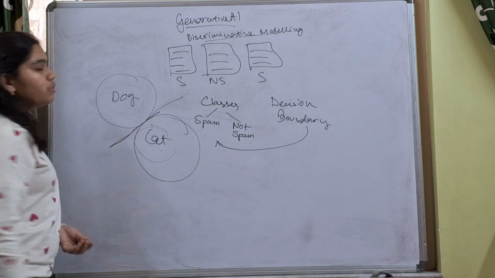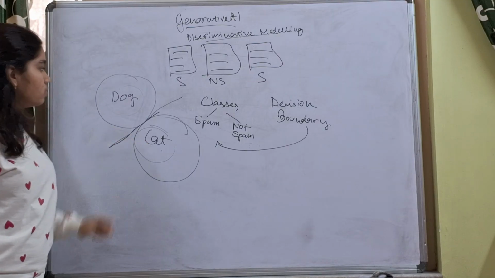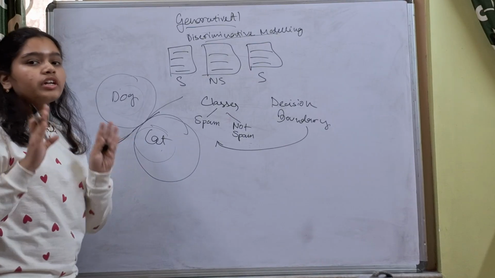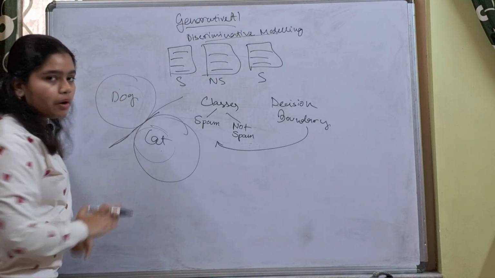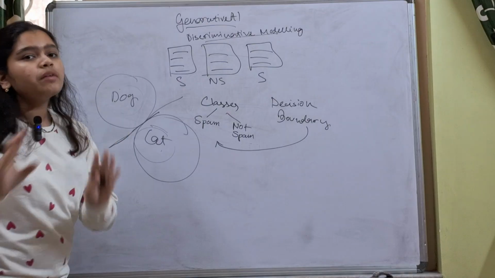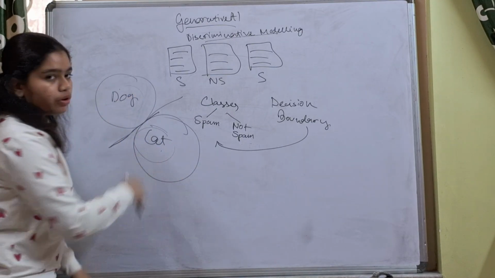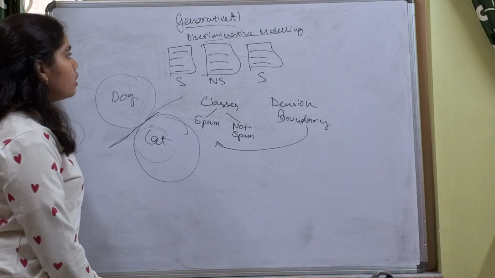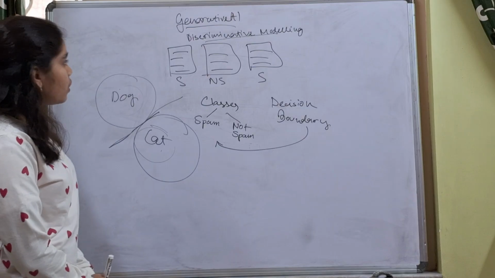With that decision boundary, it can tell you which image is a cat and which is a dog. If the image has certain parameters which correspond to this side of the boundary, it is going to be a dog. If it corresponds to this part of the boundary, then it's going to be a cat. So I hope you understood what supervised learning and discriminative modeling are.